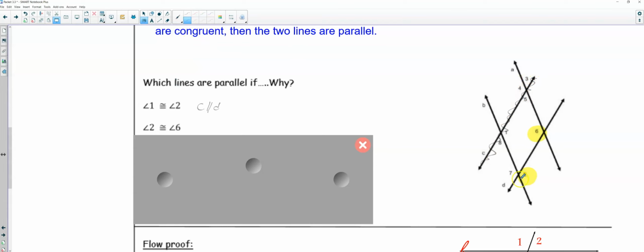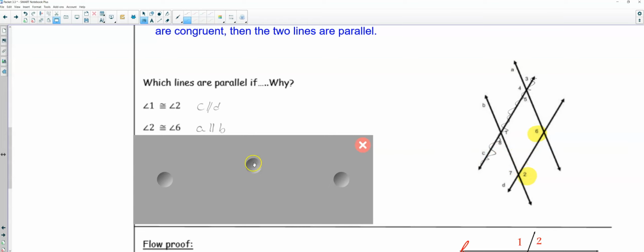It would be just lines B and A, where these angles 2 and 6 are formed by the transversal D, and they are alternate interior angles. Therefore, what you can say is that line A is parallel to line B. Again, it's the converse of the alternate interior angles theorem.